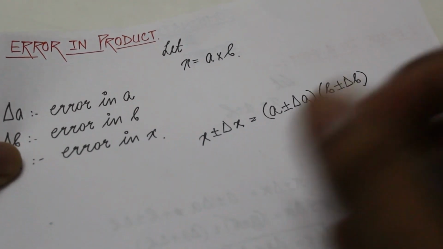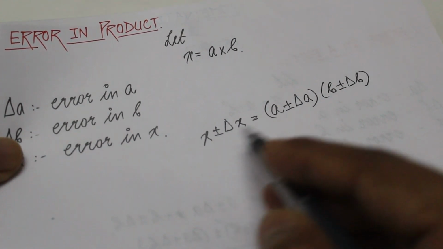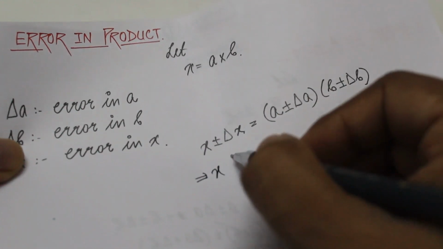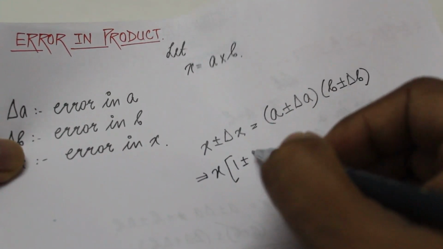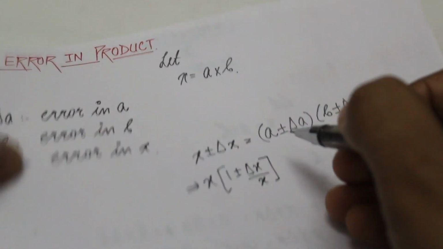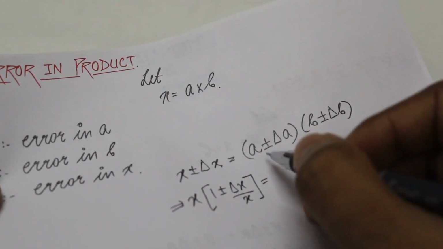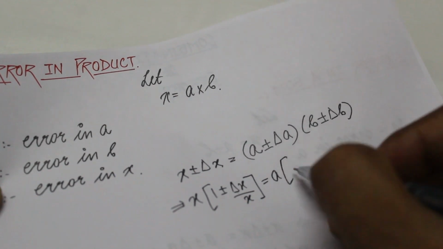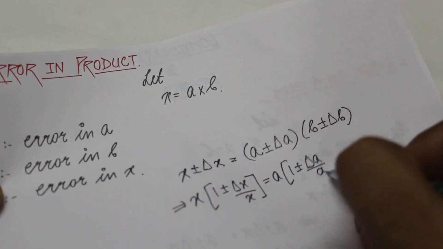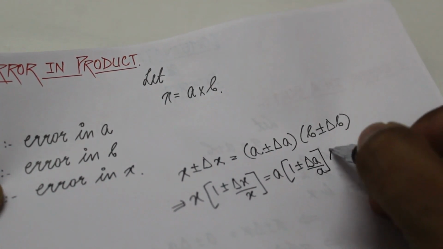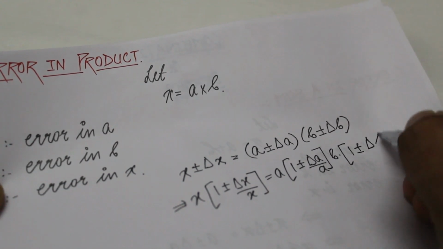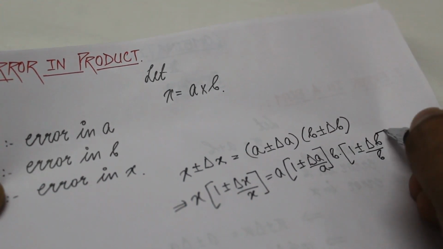Now what we'll do is we'll take x common in this case. So we'll get x into 1 plus minus delta x upon x is equal to, we take out a common, 1 plus minus delta a upon a, b common, 1 plus minus delta b upon b.